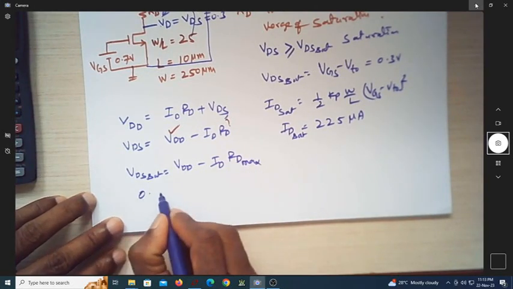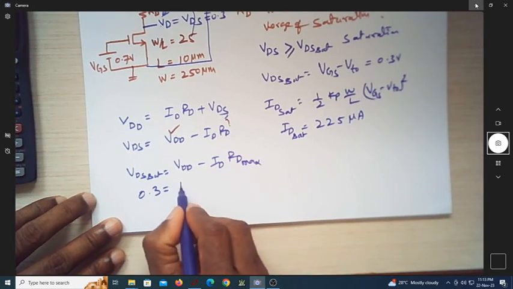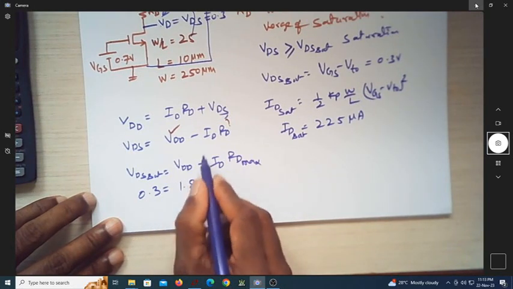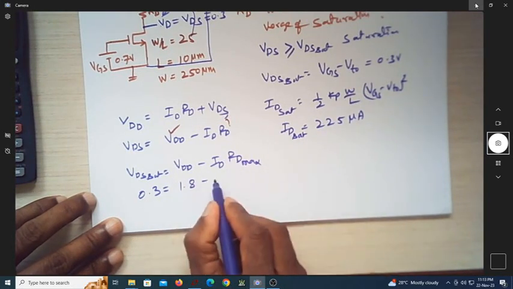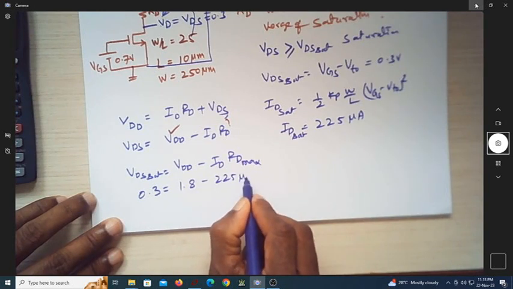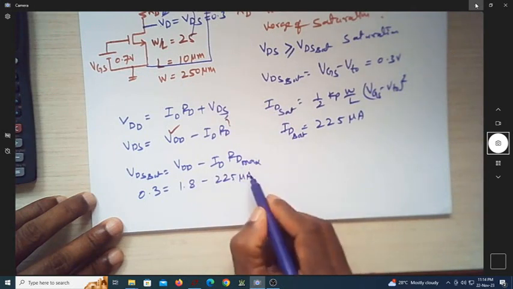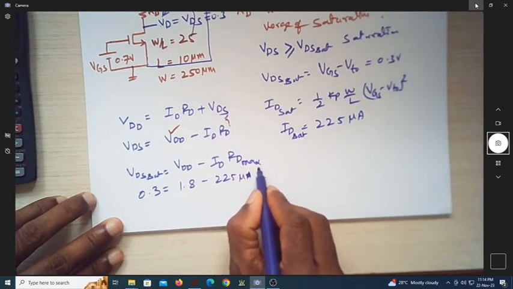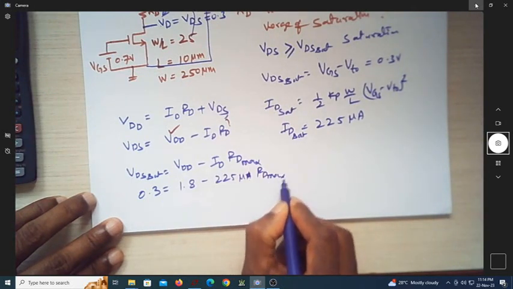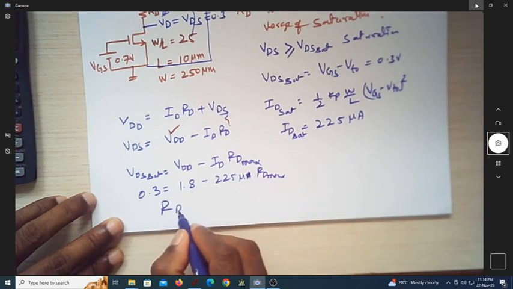I know that this has to be 0.3 volt. This is known to be 1.8, and ID is 225 microamperes. Don't put the unit here, just put the values, 225 micro into RD max. If I solve for this, I will get RD max.